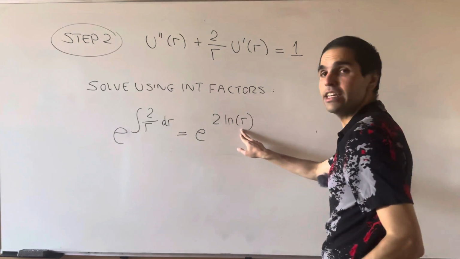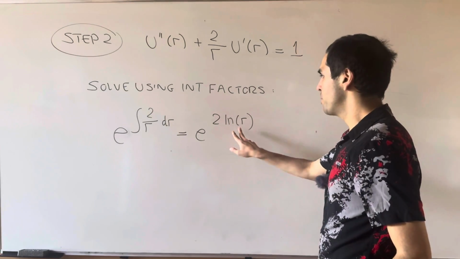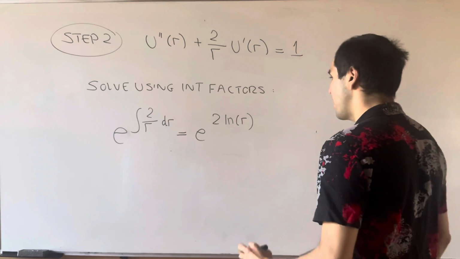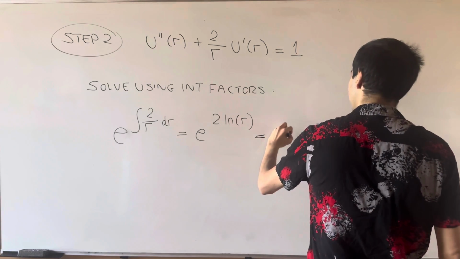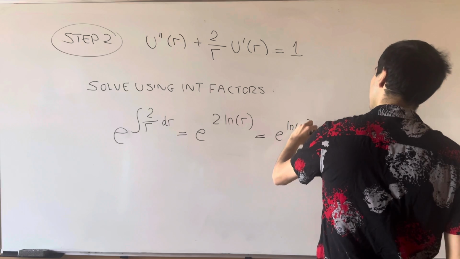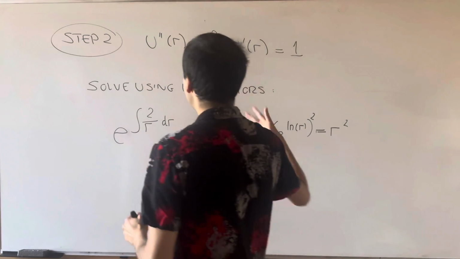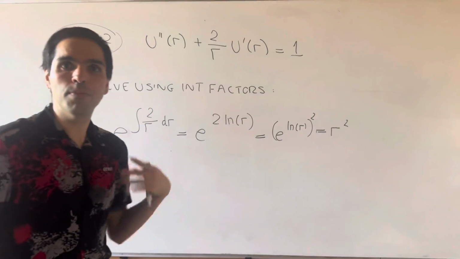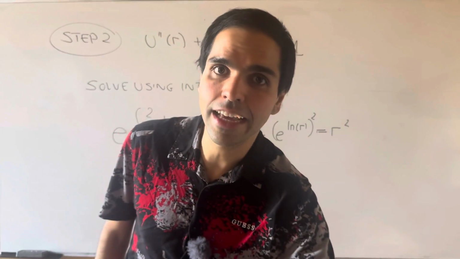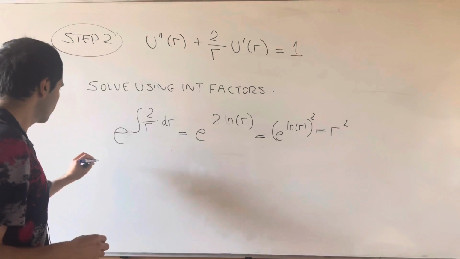Since r is a radius, it's positive, and in particular the absolute value disappears. And this is e to the ln of r to the second power, which is just r squared. Meaning, we just have to multiply our ODE by r squared.